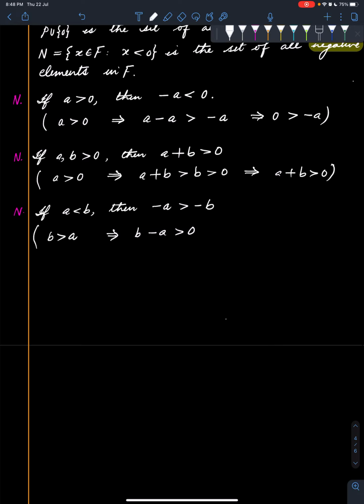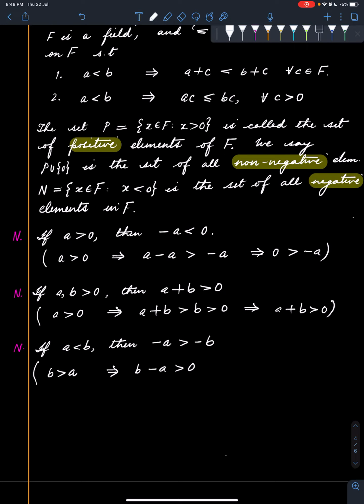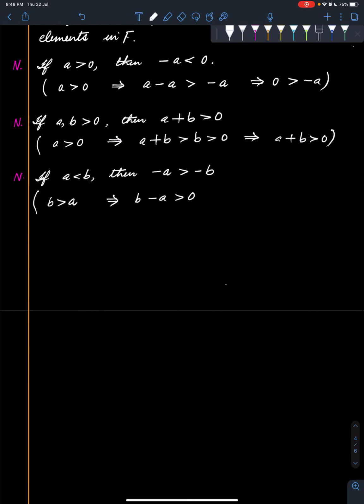This is because of the first axiom. We are just adding the additive inverse of A on both sides, which implies minus A is greater than minus B, because now we are adding the additive inverse of B on both sides. So that's it. That's what we wanted to show.